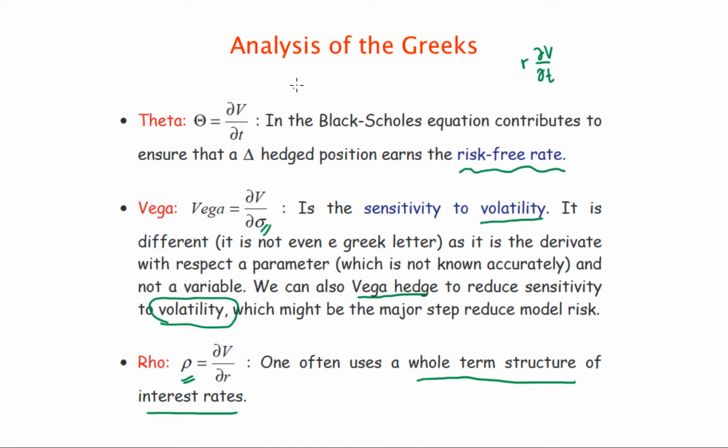So here we have presented some of the Greeks that are used to analyze the sensitivity of the option that we have evaluated through the Black-Scholes equation: the sensitivity of the option value with respect to time and S, which are the variables we have in the problem, and also with respect to the main parameters we have in the model, which are the volatility and the interest rate.